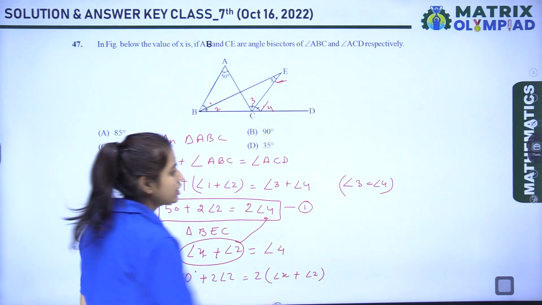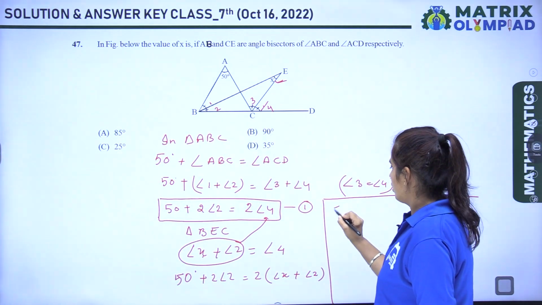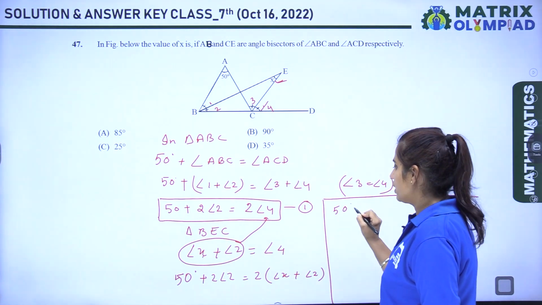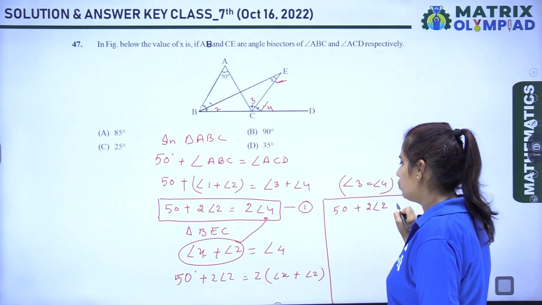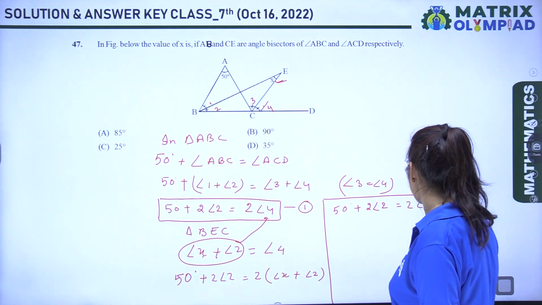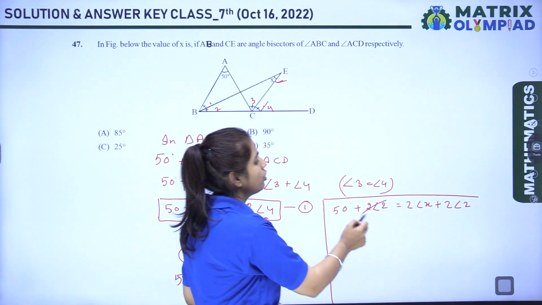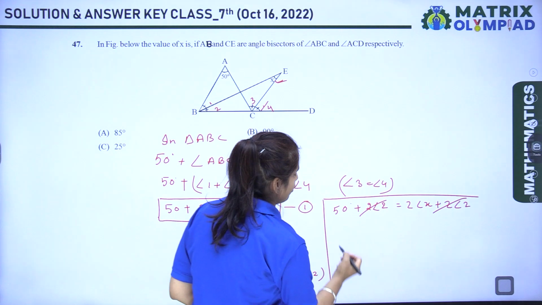So after solving this, we get 50 degree plus 2 angle 2 equal to 2 angle X plus 2 angle 2. So from this side, we cancel out 2 angle 2 and 2 angle 2 from the other side.